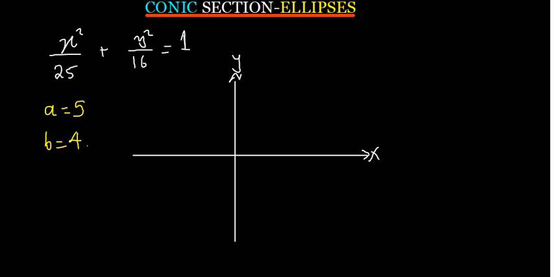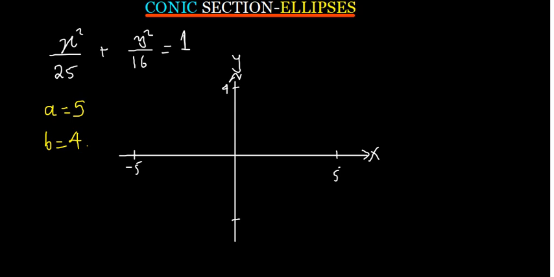Okay, so here we have the number which was below x squared, 25, from where we got a 5. So we're going to write positive 5 and a negative 5. The one which was below y squared was a 4. So we're going to write a 4 and a negative 4.